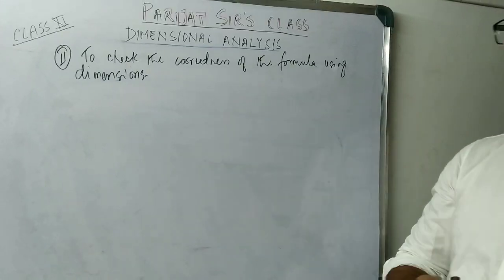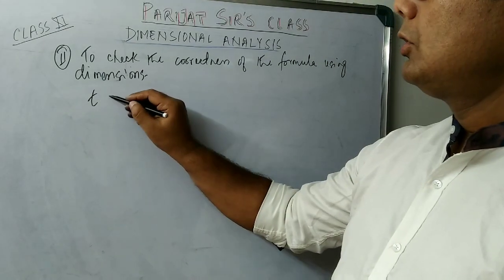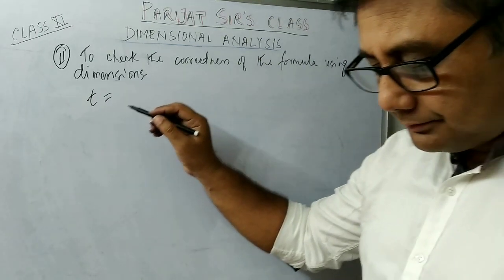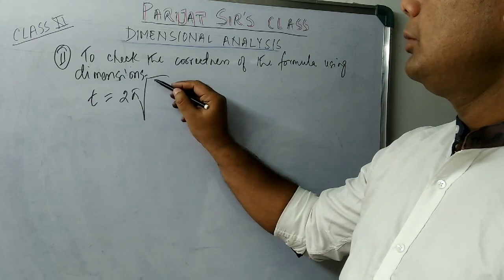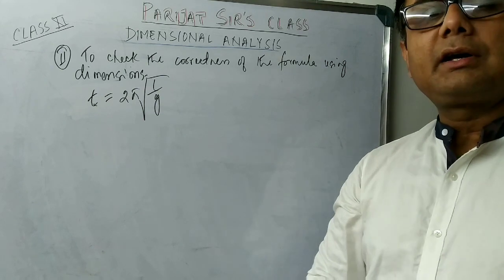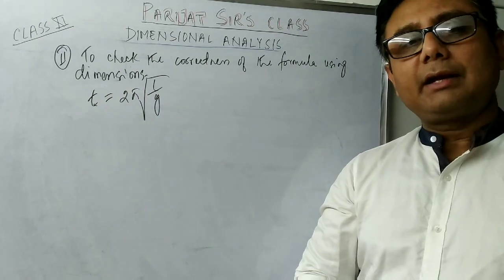Okay, so let us see, time period of a simple pendulum is given as 2 pi root over L by G. You have to check whether this given formula is correct or not.